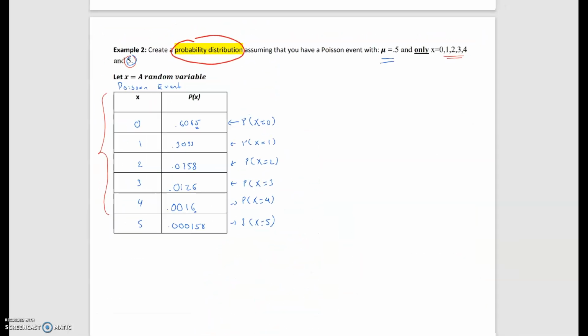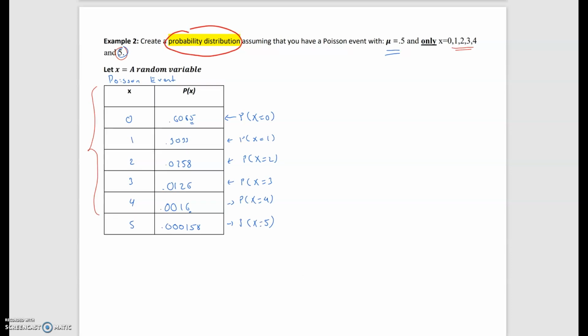And that's actually it for the probability distribution. What they're actually asking us to do here is to organize the successes of the event, because from here you can actually come up with a bar graph or any of the other graphs, some sort of a pie chart as well.